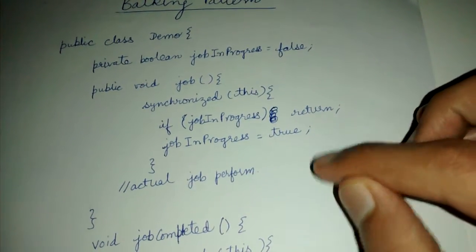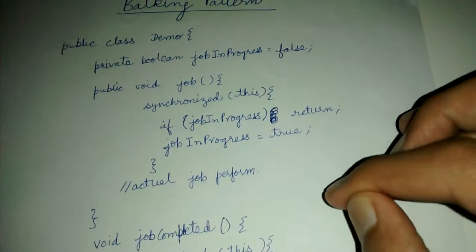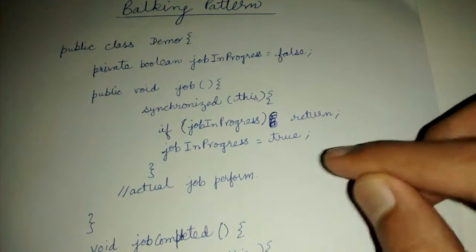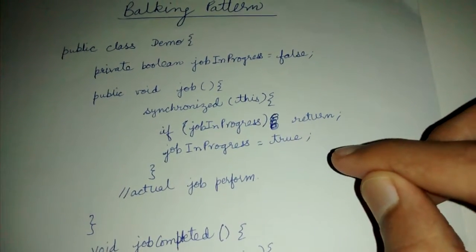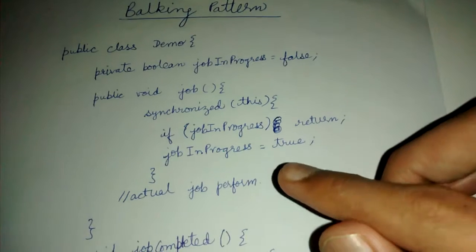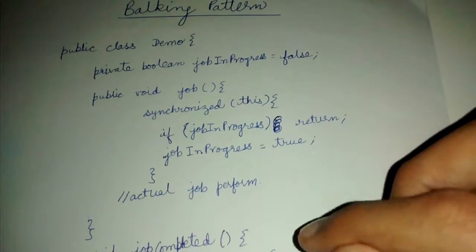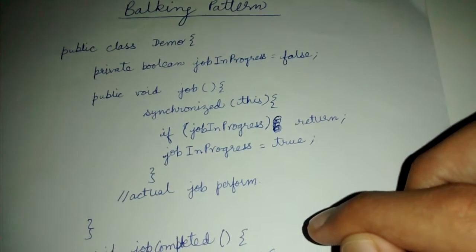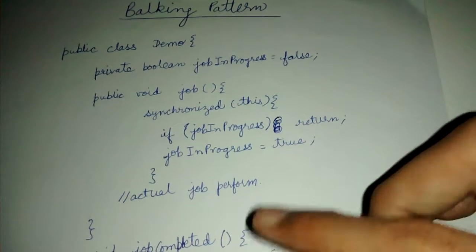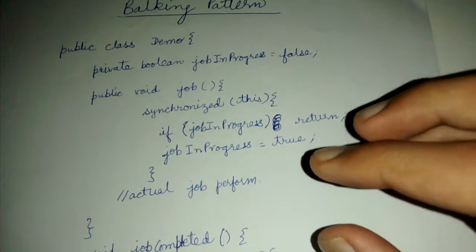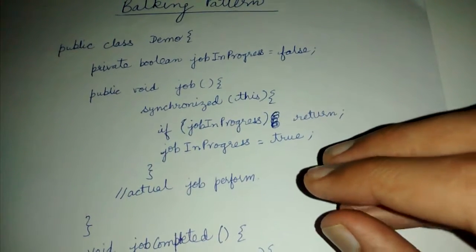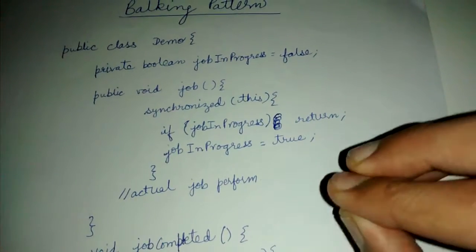So when the video is playing, its state is such that we can't perform the delete job on it. And if it is not being played, then we can actually perform the delete job. So our object has to be in a particular state for the job to be performed.